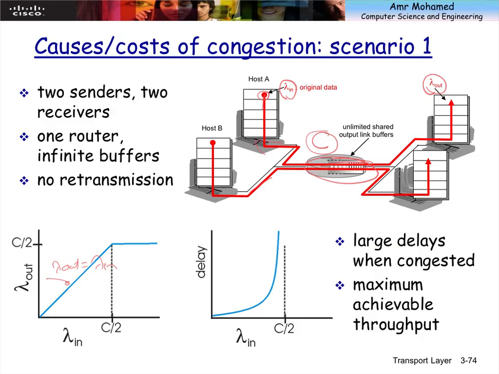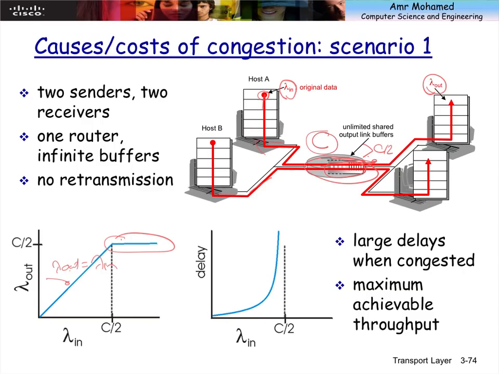They will share the router capacity, and on average I will have one segment from each. Nothing will be lost, so lambda out equals lambda in. But I will never have a rate over C over 2 for any of them. So lambda out cannot exceed C over 2. That is logical.